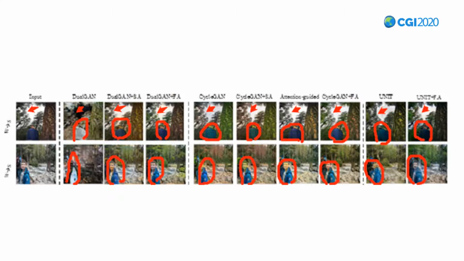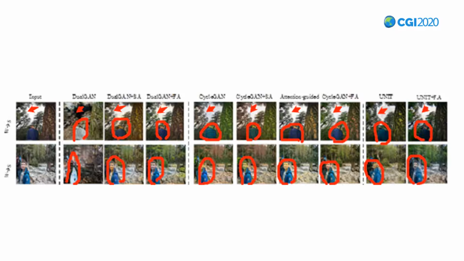Among the state-of-the-art methods, the attention-guided method has the best translation ability by introducing unsupervised attention mechanisms. Compared with this method, our method demonstrates the following 3 advantages. The first one, the domain-irrelevant regions or backgrounds of output images are more consistent with the original image.